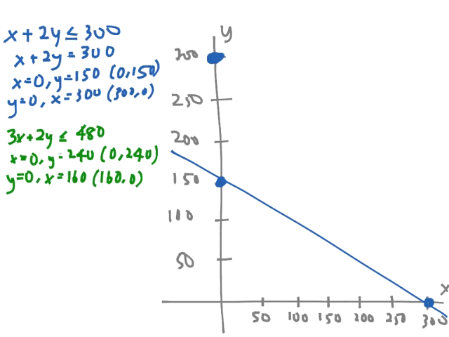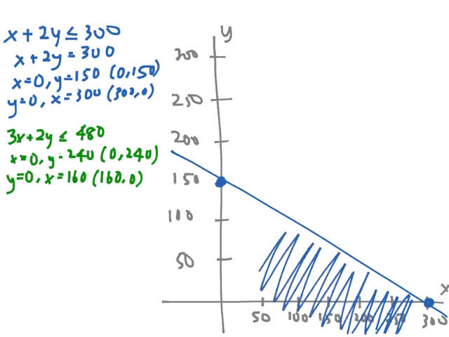I substitute 0, 300 in my inequality, so x is 0 and y is 300. 2 multiplied by 300 is 600. So 600 is not less than 300, meaning that the upper side is not fulfilling the inequality. If the upper side is not fulfilling, the lower side will fulfill the inequality. So this is our shaded area for the first inequality.